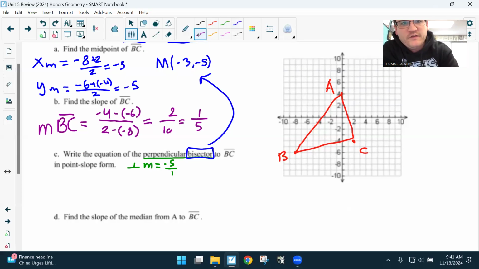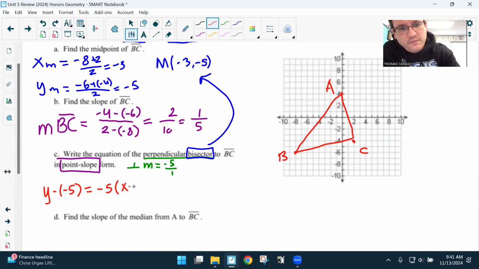So we have everything we need. They're asking us to do this in point slope form. Well, guess what? We have a point. We have a slope. So this one is y minus -5 equals -5. That's our slope.